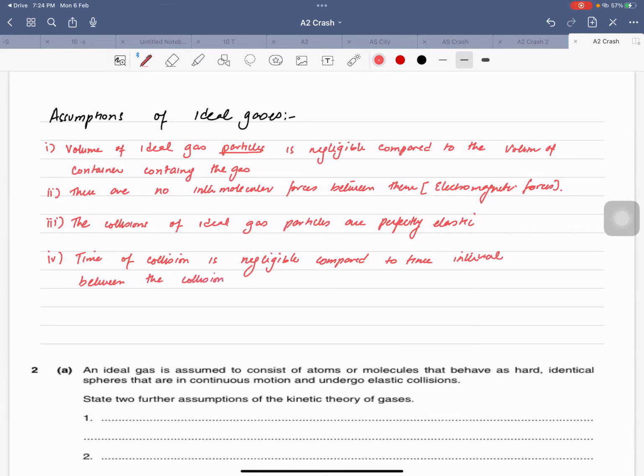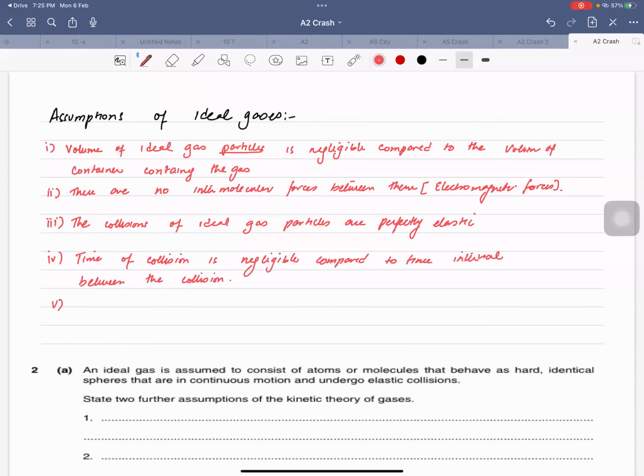Which means that the time it takes to just collide and separate is so small compared to when they collide next time. All right, so that's the point.